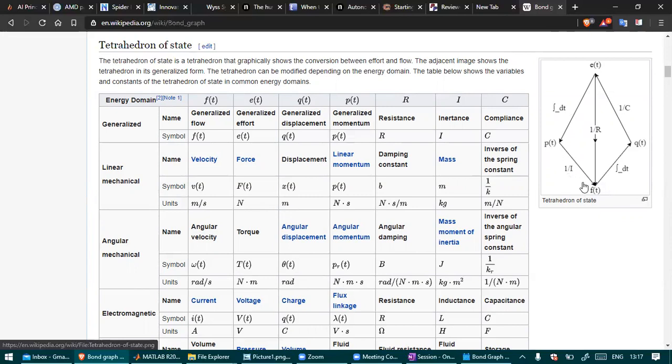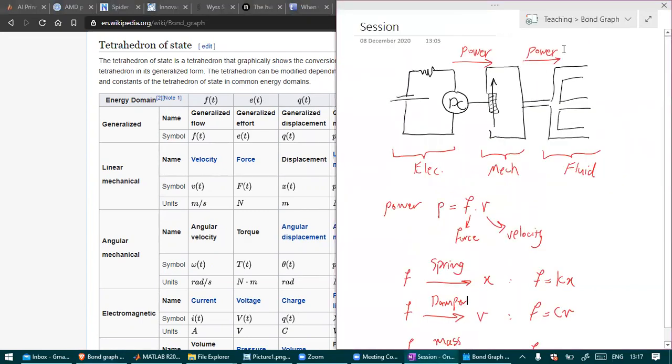So we know that the velocity multiplied by the inertia gives us the momentum. Okay, this is generally useful, but the only important thing is understanding flow and effort, the relation with displacement and momentum, and the three basic elements. Okay, that's it. Let's jump into solving a system.